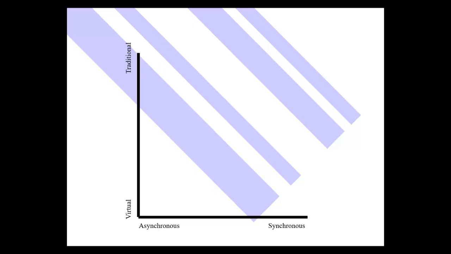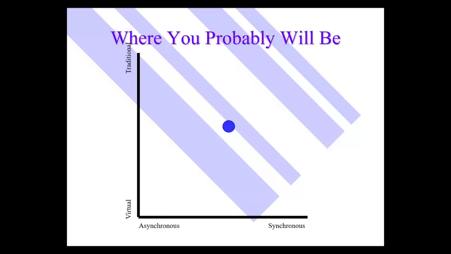Now, I suspect that where most of you want to be is up there, traditional classroom with synchronous instruction. But given the tremendous uncertainties for fall 2020, you will probably be somewhere in the middle. Some synchronous and some asynchronous, some traditional possibly, and some virtual, definitely.